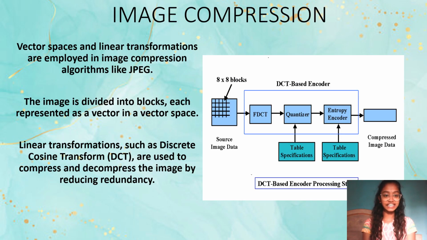And the next is image compression. Vector space and linear transformation are employed in image compression algorithms like JPEG. The image is divided into blocks, each represented as a vector in vector space. Linear transformations such as the discrete cosine transform are used to compress and decompress the image by reducing redundancy.